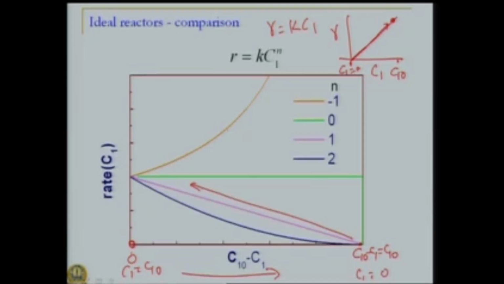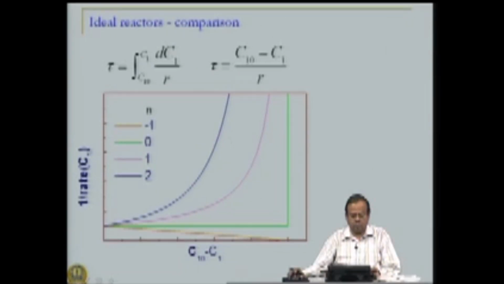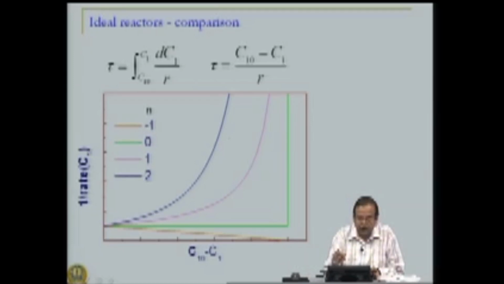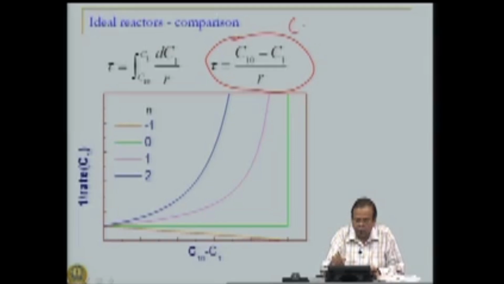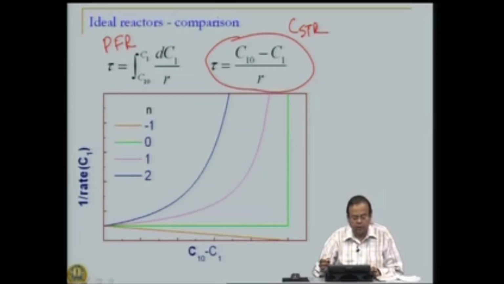So, now let us try to compare these two reactors by looking at this particular plot. Again, going back to our design equation, this is the design equation for CSTR and this is the design equation for plug flow reactor.